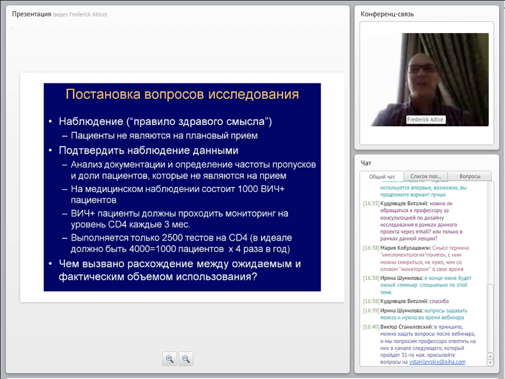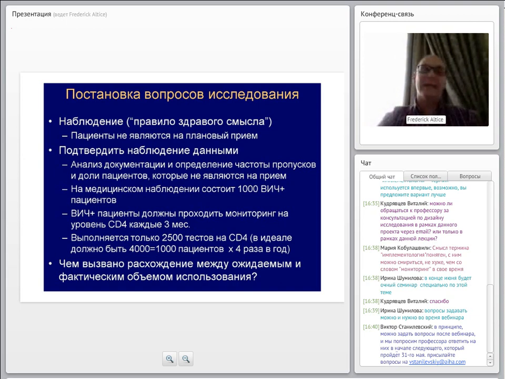So the first step, let's identify the research question. And in general, I suggest that you just use good common sense and that you just make an observation. So if you happen to be the doctor or the administrator of the clinic and you see that your patients just aren't coming in for their follow-up visits, or that's your impression.